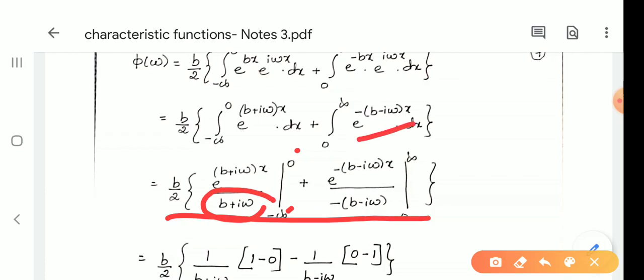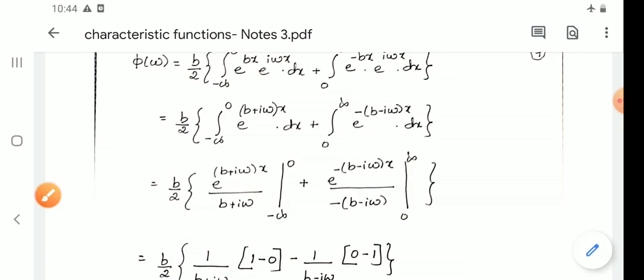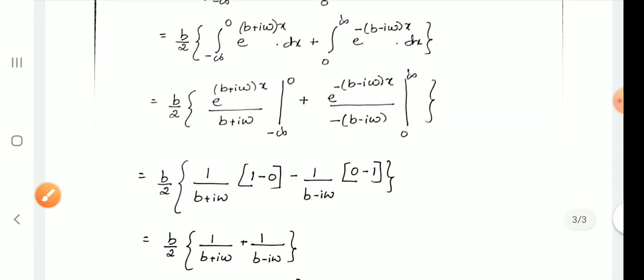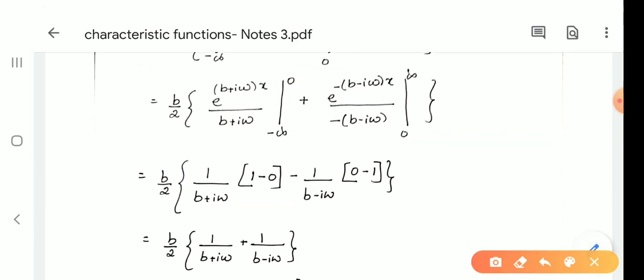When we integrate the second term, we get e to the power minus (b minus I omega) x divided by minus (b minus I omega). Apply the limits 0 to infinity. So applying the limit, we get b by 2 into 1 by b plus I omega into, when we put the upper limit, e to the power 0 becomes 1, and when we put the lower limit, e to the power minus infinity becomes 0.